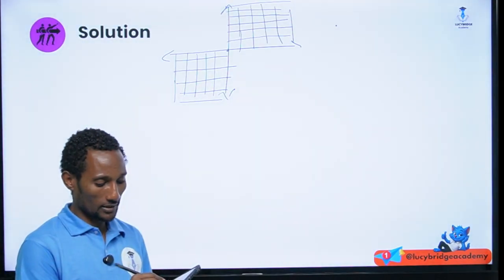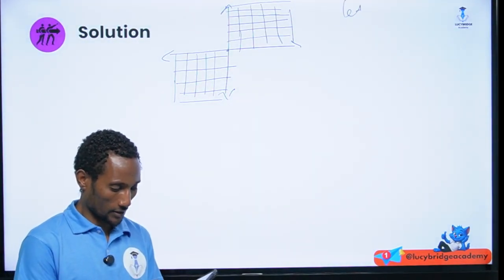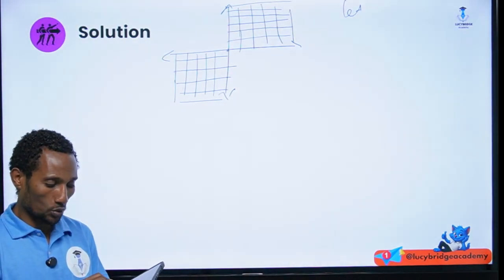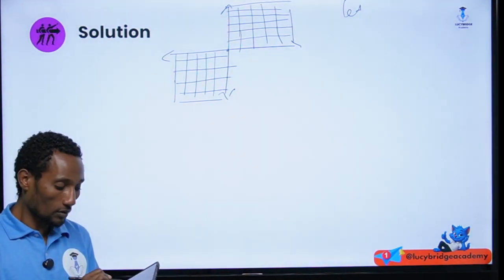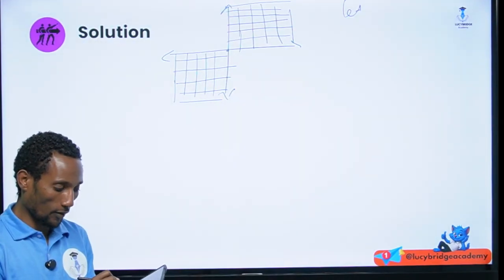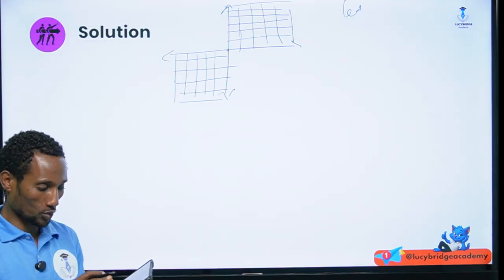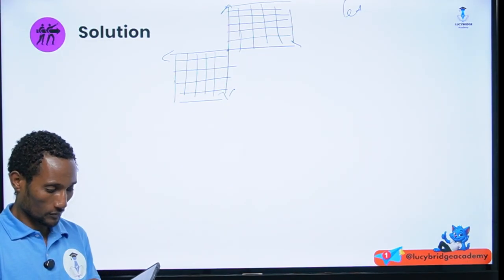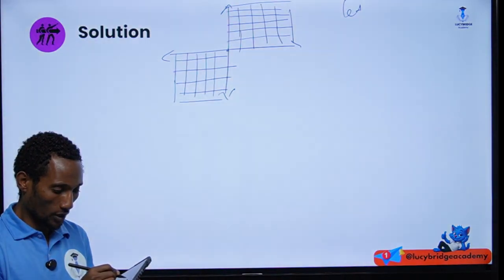Let's say that here it is 5 units from the origin: 1, 2, 3, 4, 5.